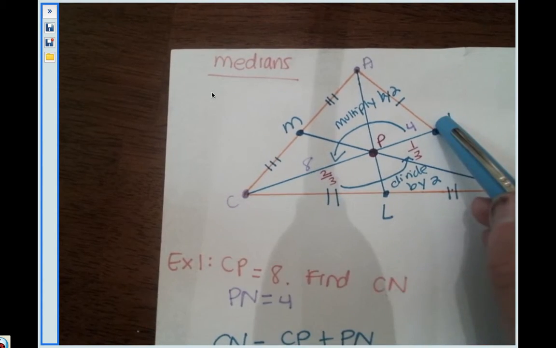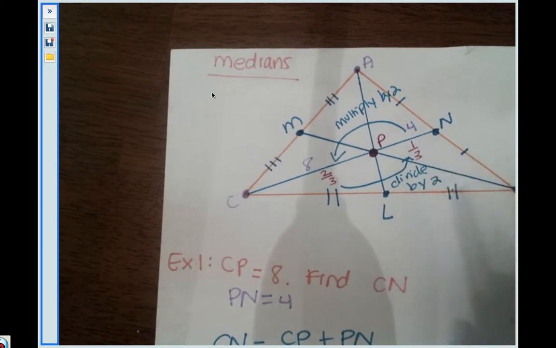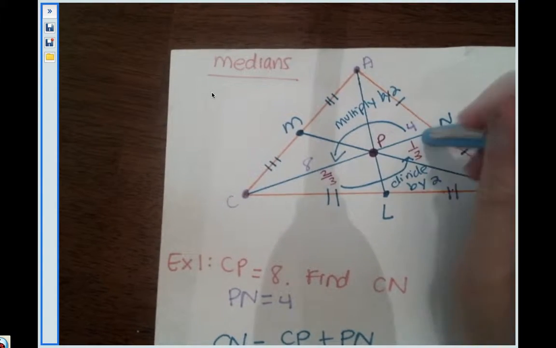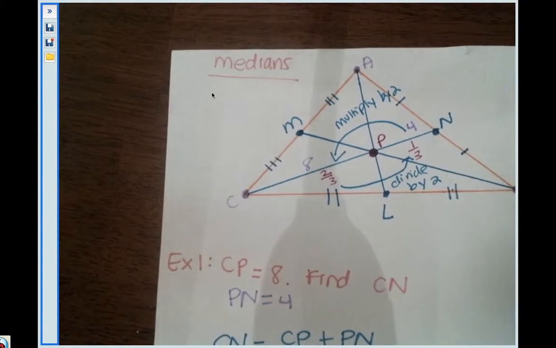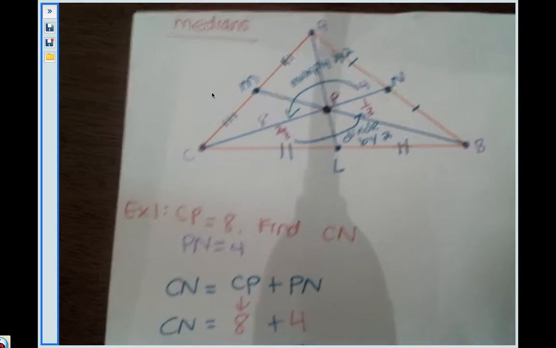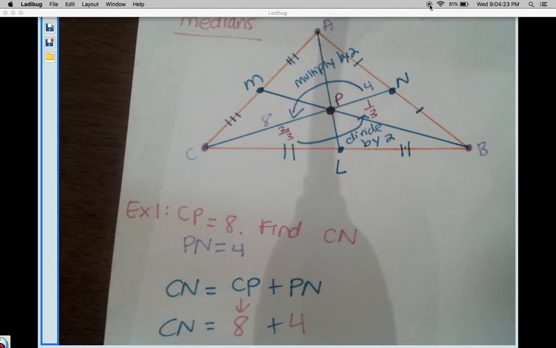So if you know the whole median, multiplying by 1/3 is the same as dividing by 3. If you divide by 3, you'll get this piece right here. That's going to come into play in the second example, so I don't want to get too far ahead. Go ahead and you can start example 2 momentarily. Have fun, you guys.